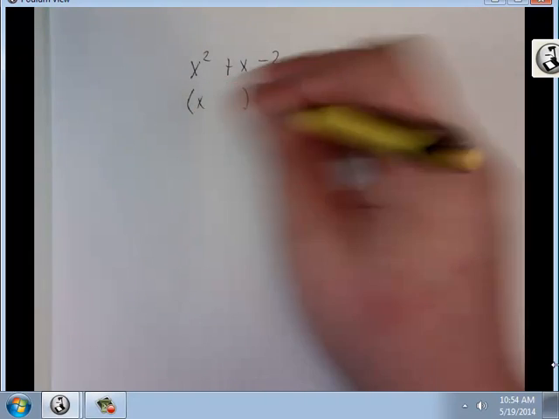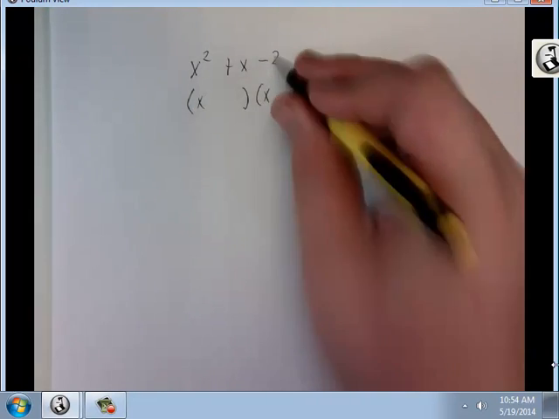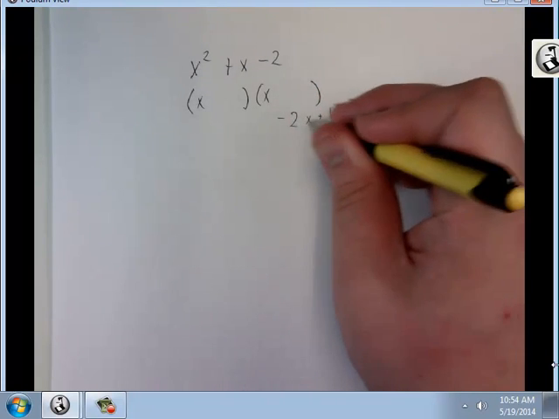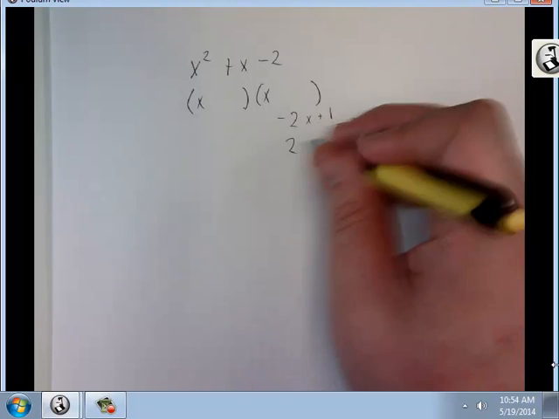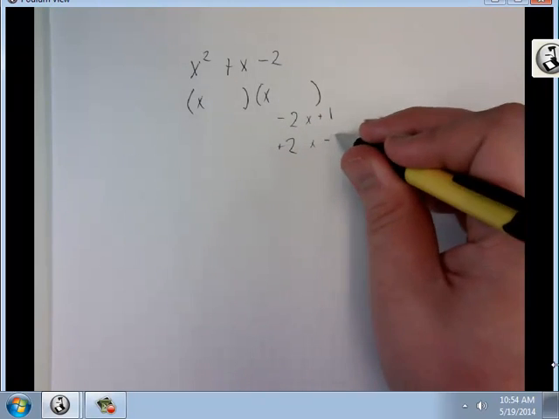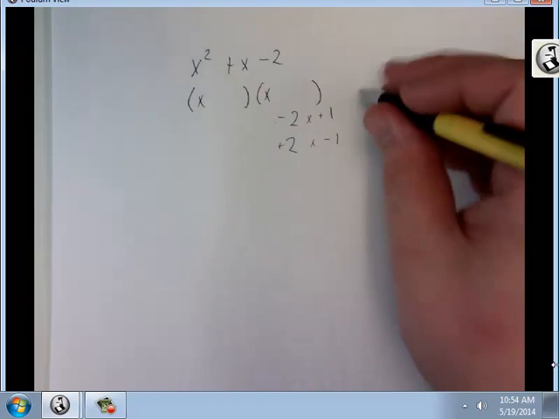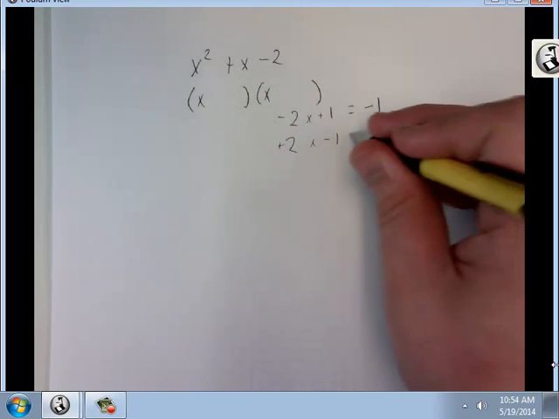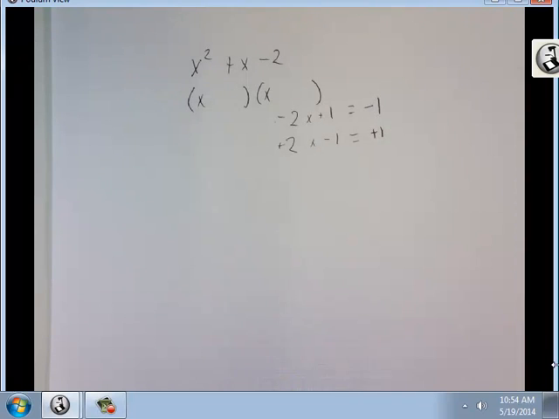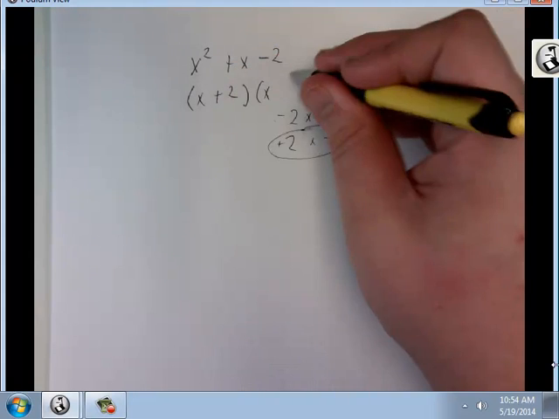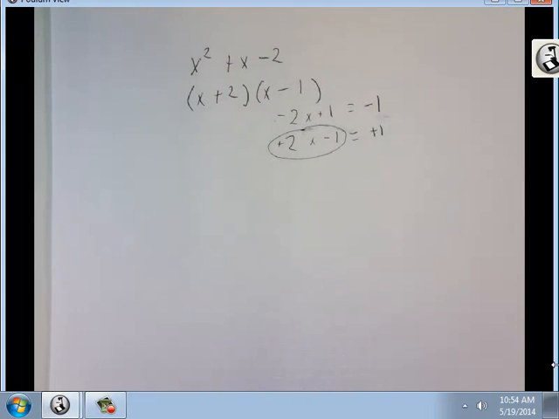Let's see, what multiplies to negative 2? Well, I've got negative 2 times positive 1. And I've got 2 positive times negative 1. Well, they have to add up to positive 1. Negative 2 and plus 1 gives me negative 1. And this one gives me positive 1. So here's my pair: plus 2 minus 1. And that's the basics of factoring.